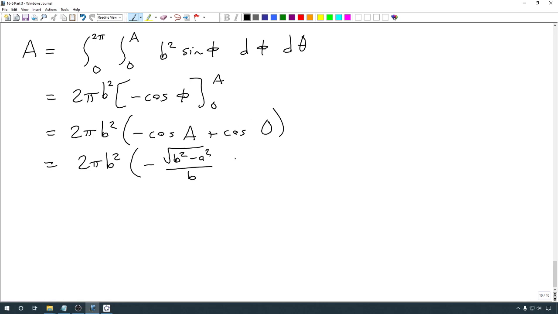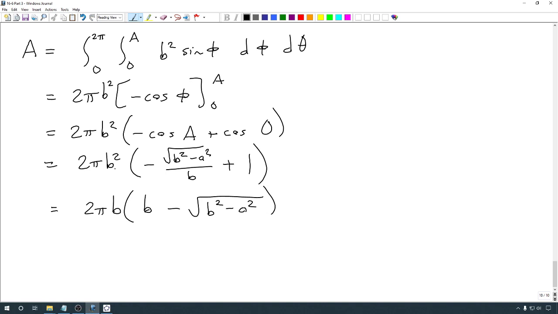And then cosine of 0 is 1. And just to make it look a little nicer, I'm going to swap the order of these, and I'm going to pull one of these b's inside. That will get rid of the fraction. So we'll have a 2 pi b times b, because I had to multiply it to both this and the 1 that's over here. We have b minus the square root of b squared minus a squared.